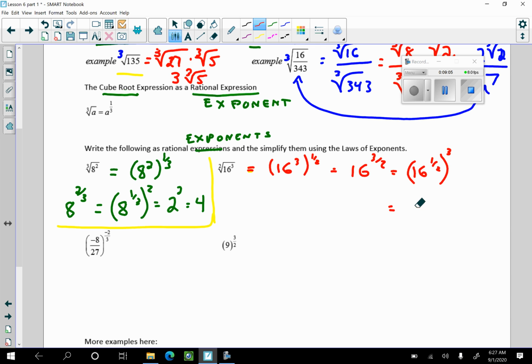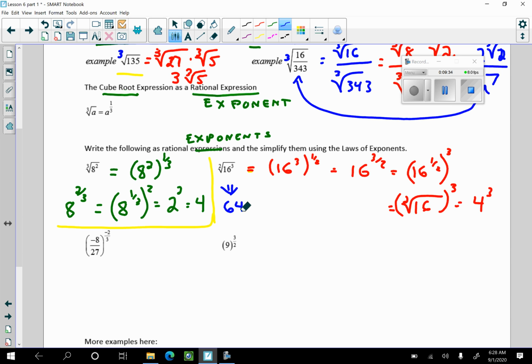That's the same as the square root of 16. That's what this is cubed. Well, we know what the square root of 16 is, 4. So that's going to be 4 cubed. And 4 cubed we know is 64. So this guy doesn't look like it, but that is 64. It certainly doesn't look like it, but it is using laws of exponents.